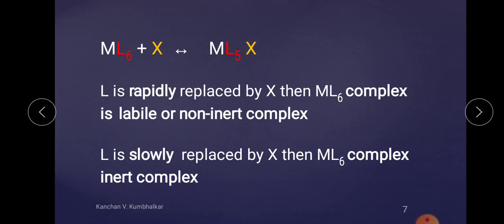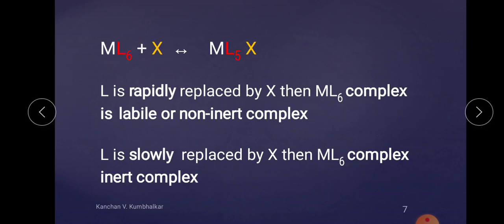In a simple way, if it responds easily, then it is labile, which means it is non-inert. But if L is slowly replaced, or not replaced by X, then it is known as an inert complex.